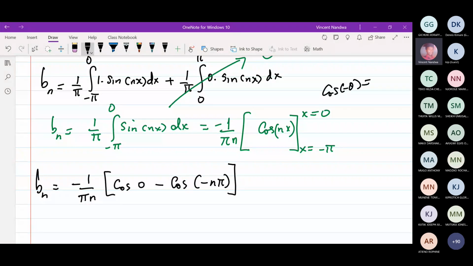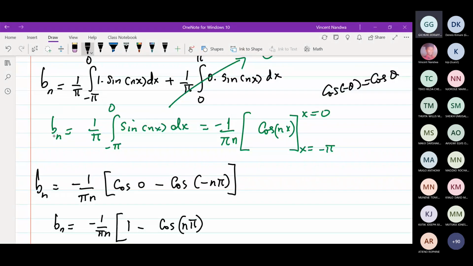So which means Bn is minus. And what is cos of 0? 1. So minus cos of n pi. And the value of cos of n pi?